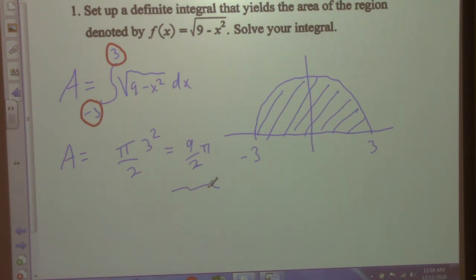So it's either limits of integration or bounds of integration. When I say limits in this case, that's shorthand for limits of integration. So you'll have a lower limit and an upper limit. Those are limits of integration.